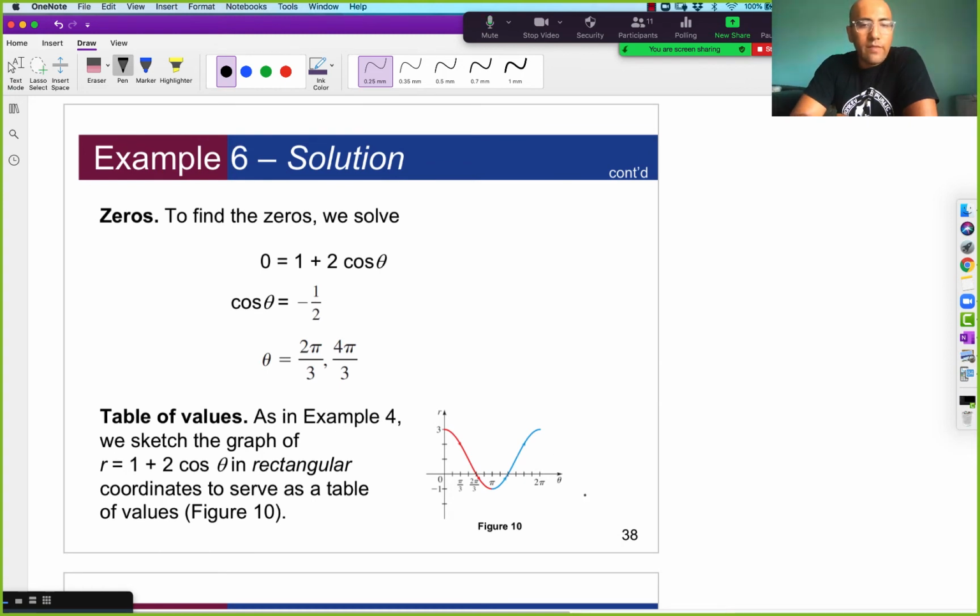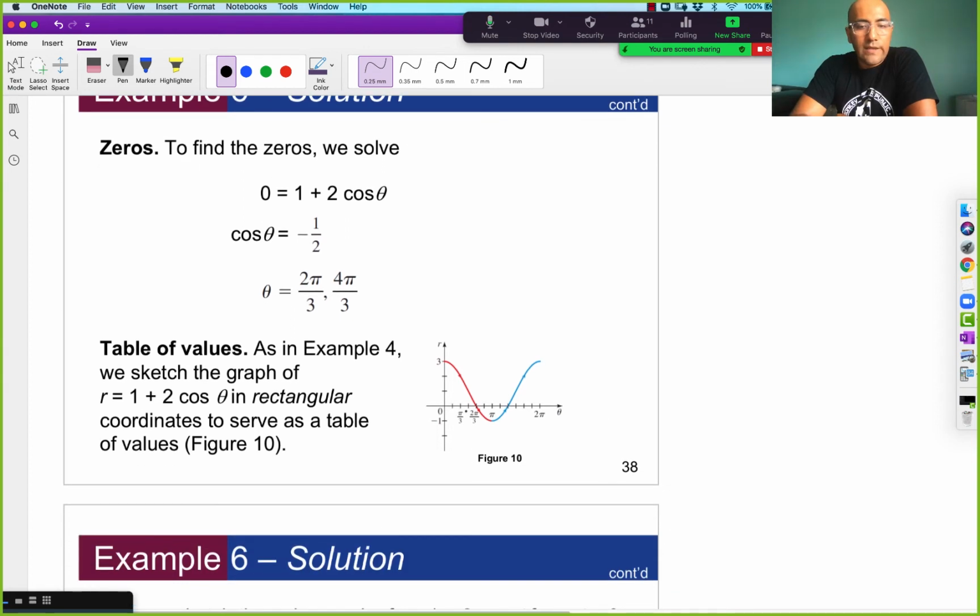And from all that, then we can begin to get a rough sketch of what happens with this polar equation. Starting from 0 all the way to 2 pi over 3, we see that the r value starts off at 3 and goes all the way down to 0. Good.